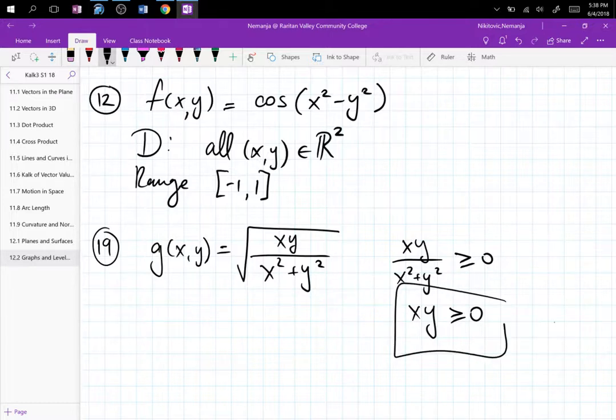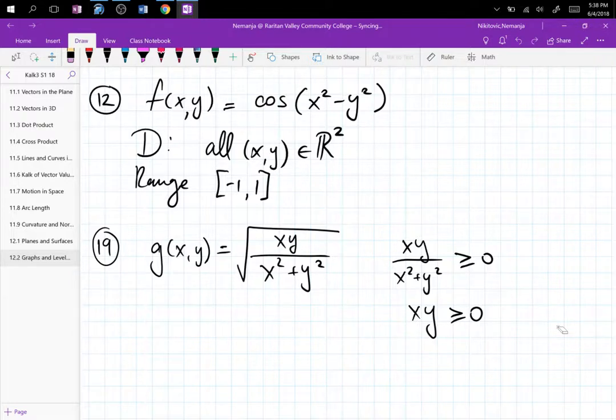Now, what should I do with this? It says the product is larger than or equal to 0. That means that we are only looking for the product to be positive.